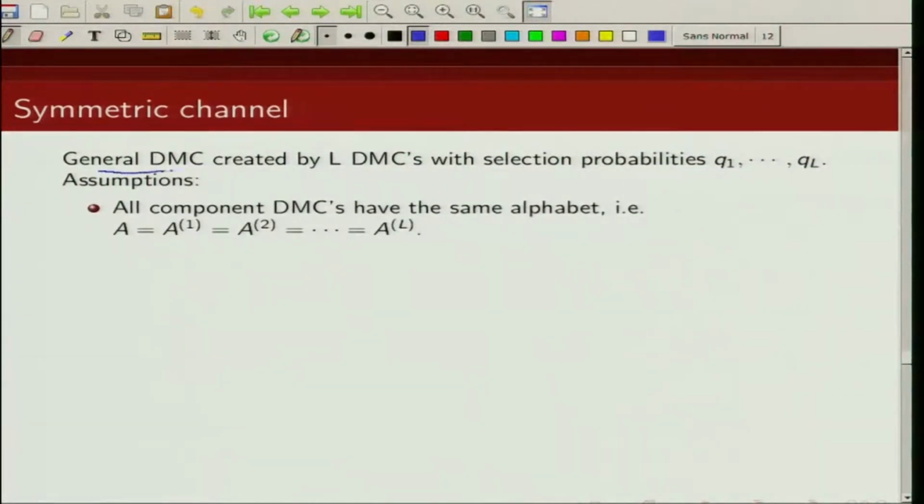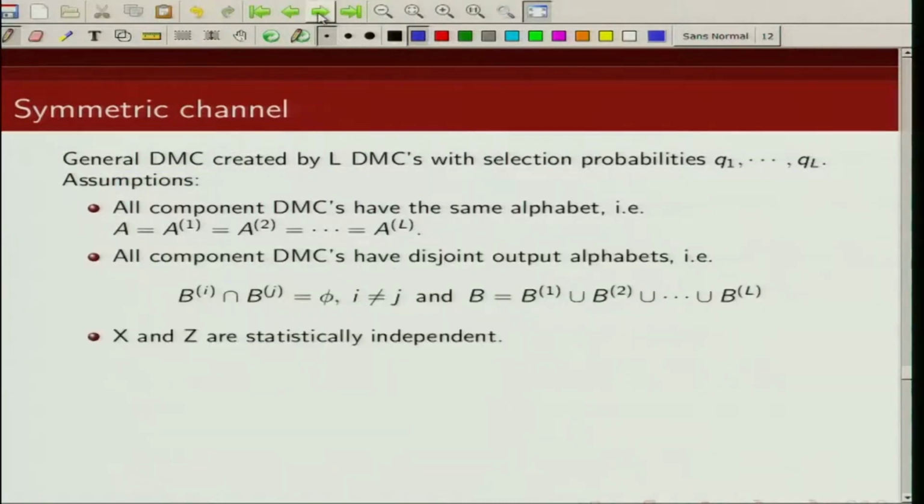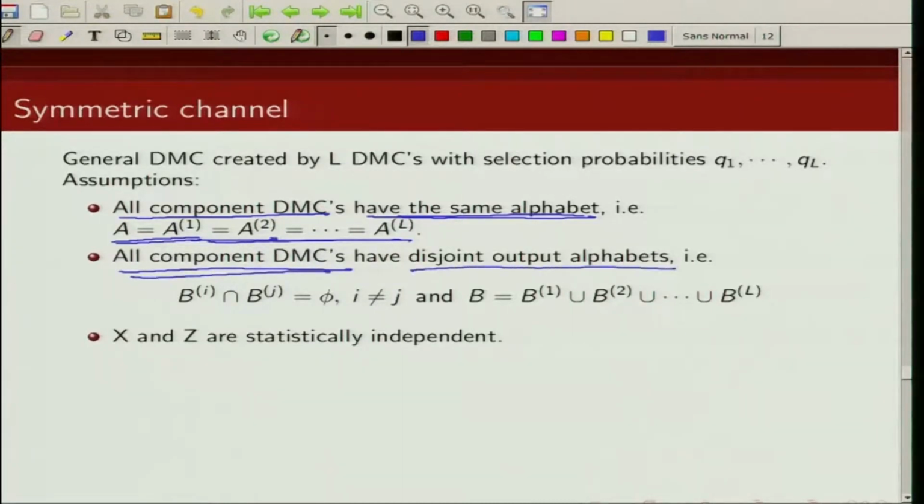We are considering a general discrete memoryless channel which is created by these L discrete memoryless channels with selection probabilities given by Q1, Q2, Q3, up to QL, and we make the following assumptions. All of these L discrete memoryless channels take as input the same alphabet. So the input alphabet for channel 1, channel 2, channel 3, up to channel L, is the same. Second assumption: all discrete memoryless channels have disjoint output alphabets.